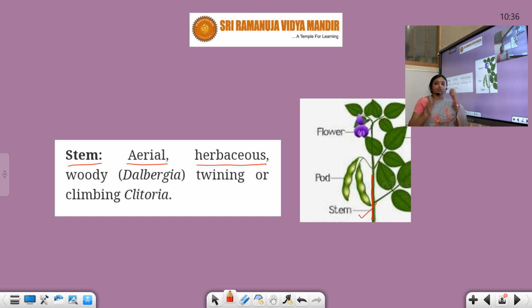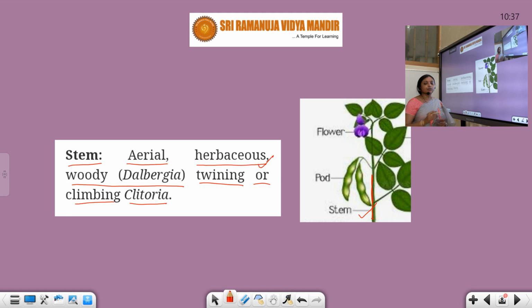It is a small herb type. So this plant has a herbaceous stem, and woody in Dalbergia. Some are twinners, I told you, some are climbers. You can mention that twinning and climbing also occur in Clitoria ternatea.